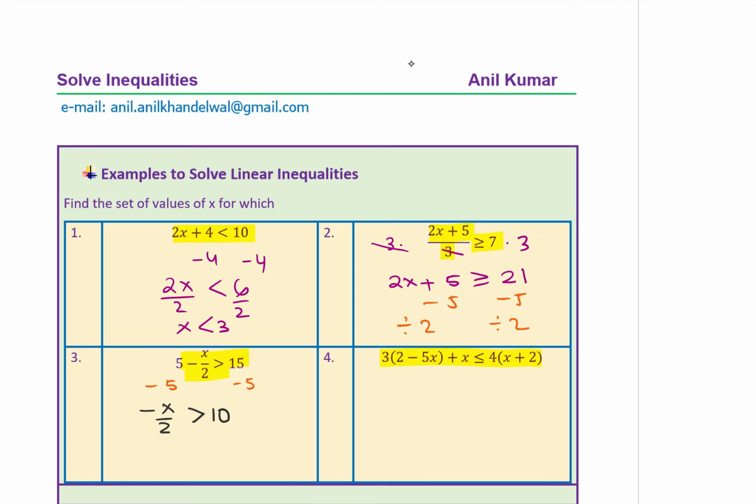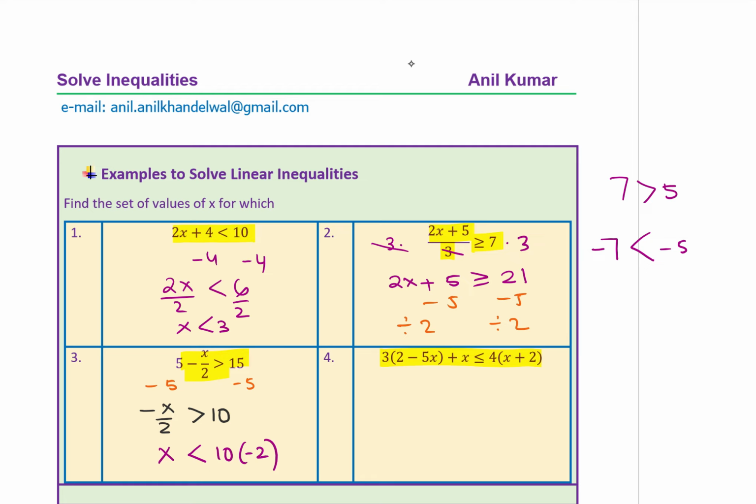So important thing here is first you change the sign when you are multiplying by minus 2, and then it becomes 10 times minus 2. Do you get this point? Remember, we said 7 is greater than 5. How about minus 7 and minus 5? The sign changes. When you multiply by a negative number, the sign changes. That is a key.